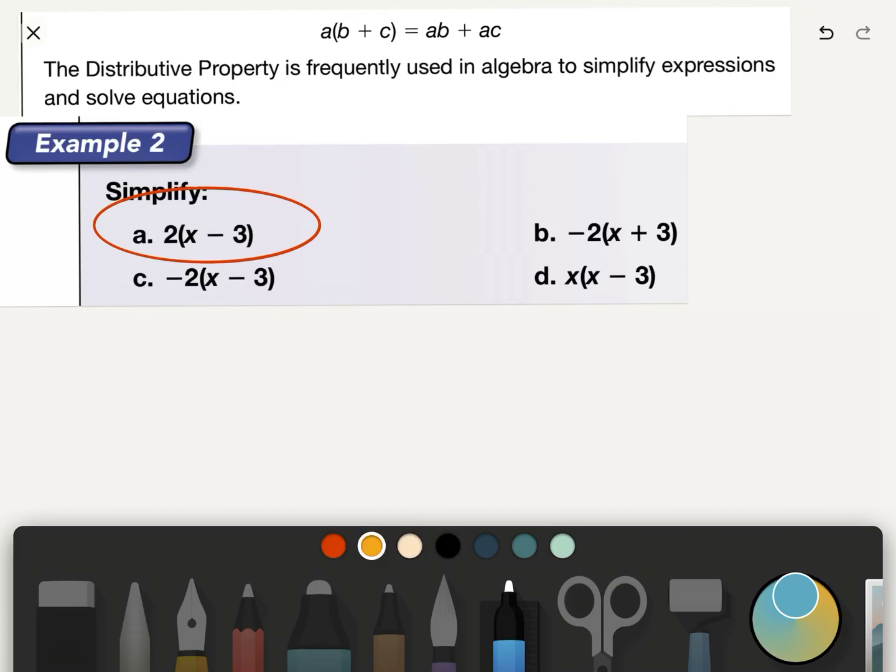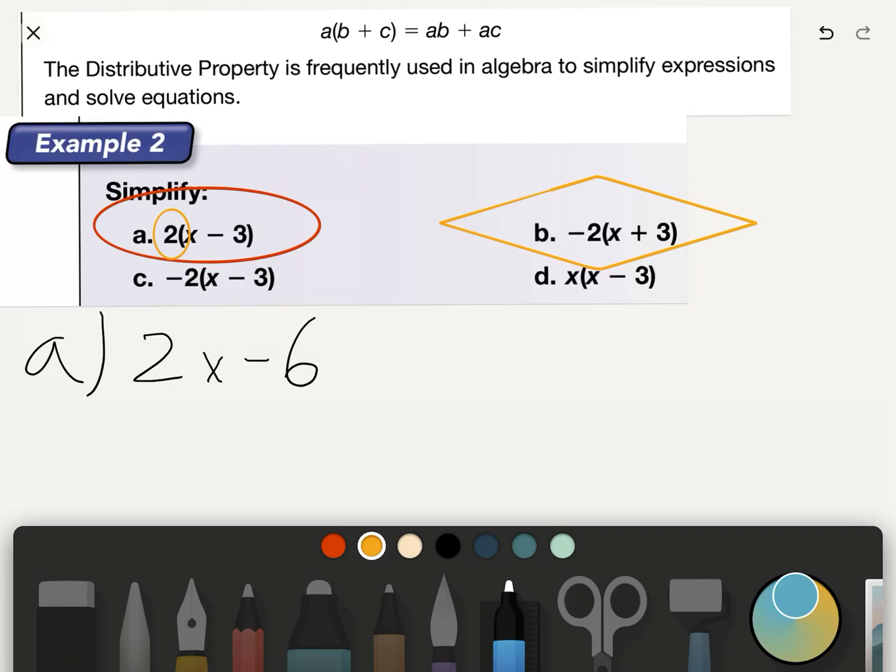Well, we can just take our times 2 and apply it to each part. So looking at A, we could say 2x minus 6. 2 times x is 2x, and 2 times negative 3 is negative 6.